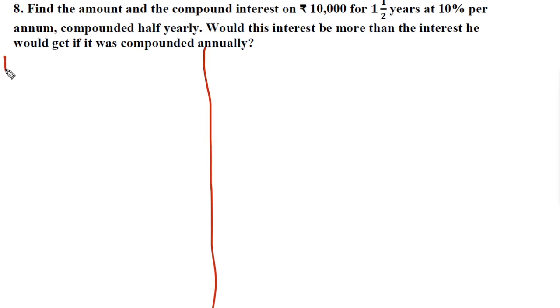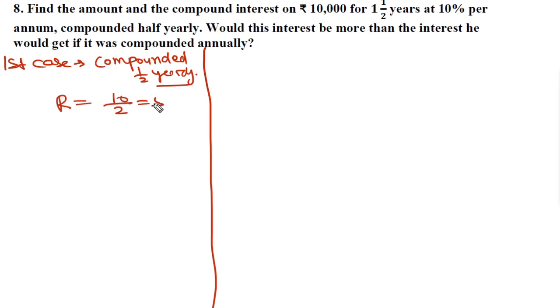So first case is compounded half yearly. Okay. So if compounding is half yearly and the rate of interest per annum is 10%, then the rate of interest for half yearly will be 10 by 2 equal to 5. Now you know that amount is equal to P into 1 plus R by 100 to the power n.